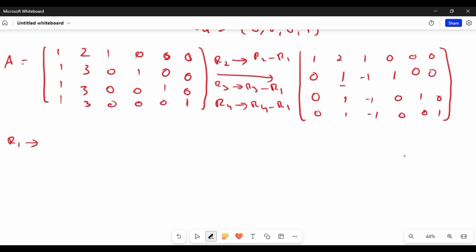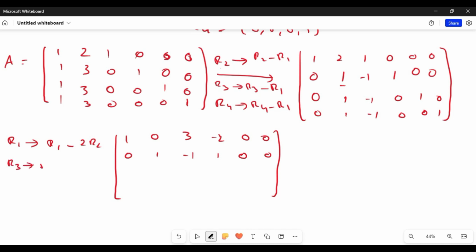Well, let's write the formula for R1. The formula is R1 minus 2R2. The second row has no change: 0 1 minus 1 1 0 0. This formula will give you row 1 as 1 0 3 minus 2 0 0. For row 3 the formula is row 3 minus row 2.